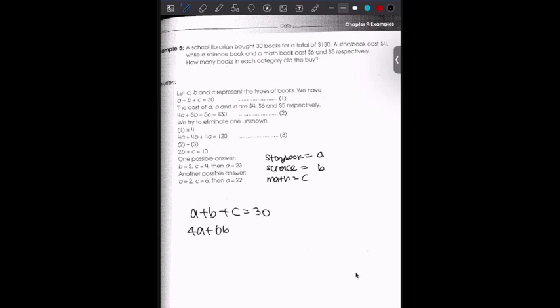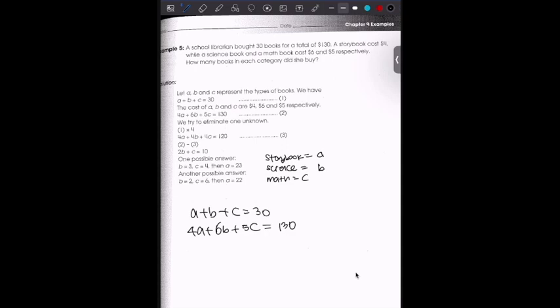So that's the cost we need to buy B science books. And then each math book costs $5, so we have 5C. That's the cost needed to purchase C math books. And the total cost is going to be $130.